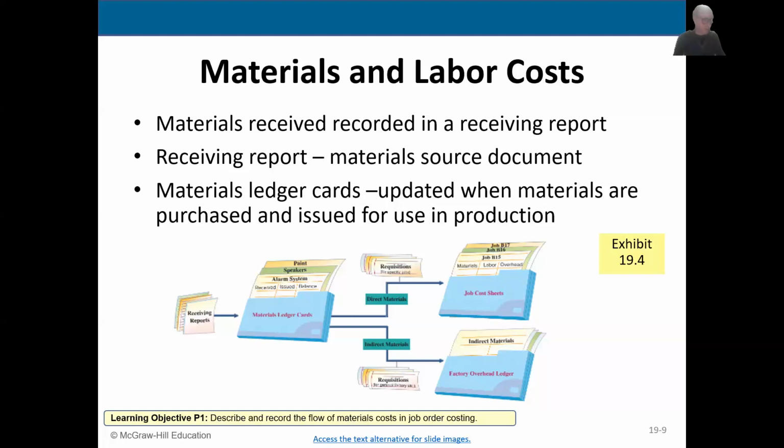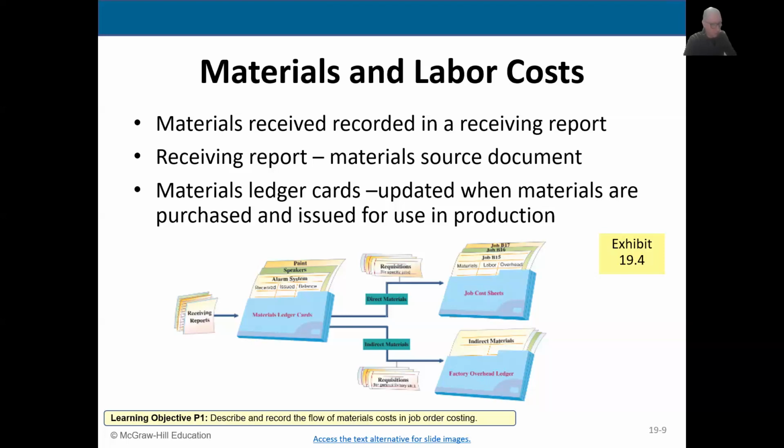So that's direct materials. You'll notice that we also have indirect materials. As you may recall from our conversation last week, indirect materials are very small parts that do not make up the majority of the cost of a product. An example of indirect materials would be glue for the fabric for the interior of the vehicle.